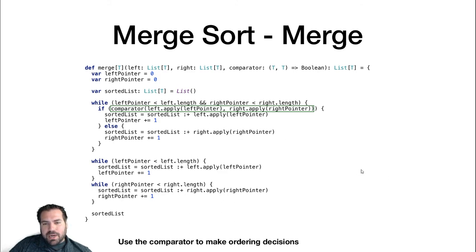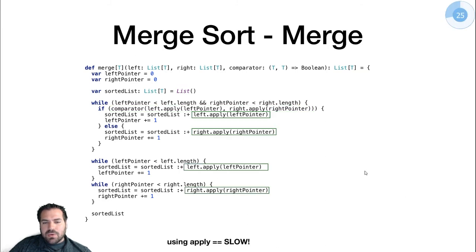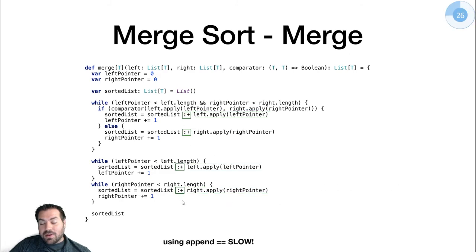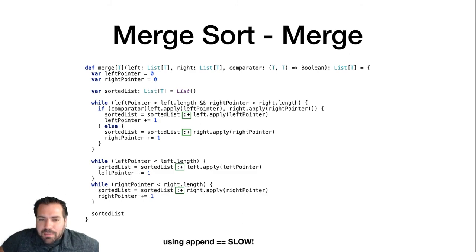So we just use this comparator the whole time. Oh, oops, we're very slow. Apply, very slow. Oops, append, also very slow. We'll talk about why append is very slow as well. So with this specific implementation, we don't get our n log n, but I want to show the recursion and stuff.